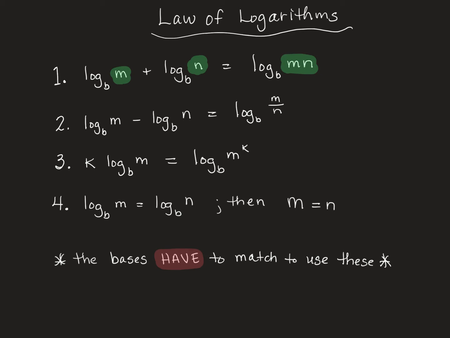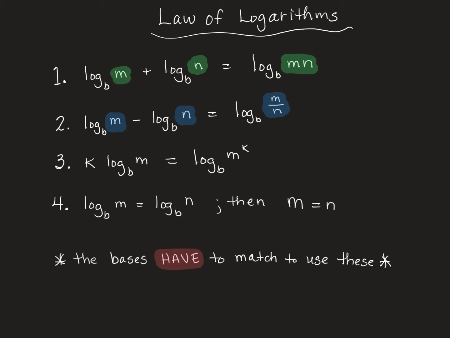Okay? The second one states that if I am subtracting, I'm going to divide them. So again, look, here's m and here's n. Notice I just take those two numbers and I do the division. Okay?